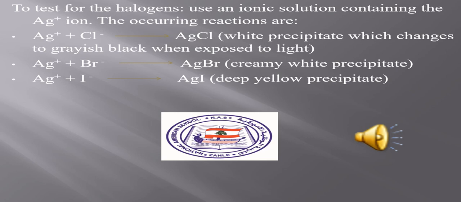If you observe a white precipitate which changes color when exposed to light, then you conclude that the organic compound contains the element chlorine. Last but not least, if you simply observe the formation of a deep yellow precipitate, this is a clear indication that the organic compound contains the element iodine.